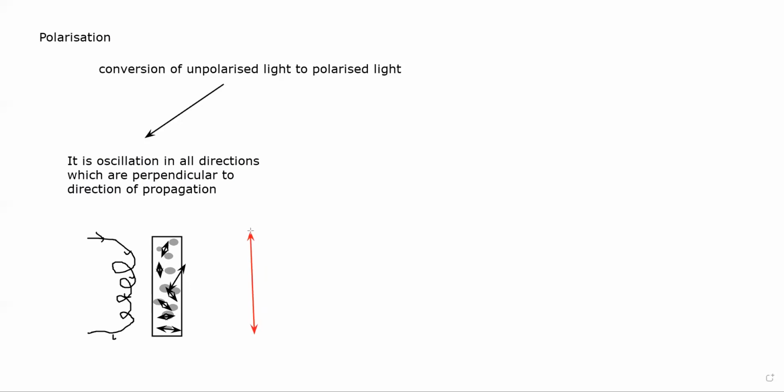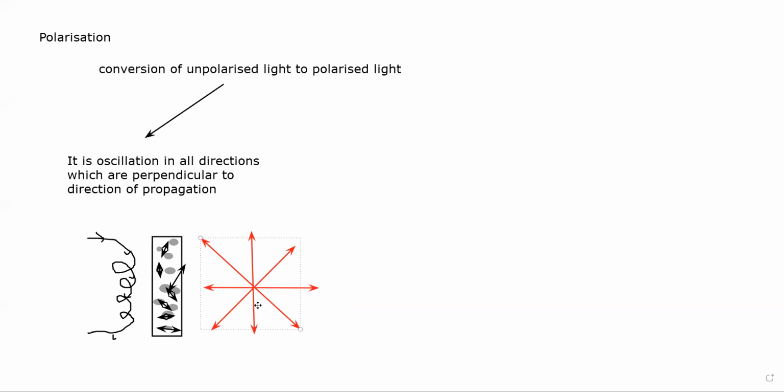Some of them maybe exactly vertical, some horizontal, some making a certain angle, diagonals. So this light, which is produced by vibration of the particles in different planes, different modes, this radiation is called unpolarized light.